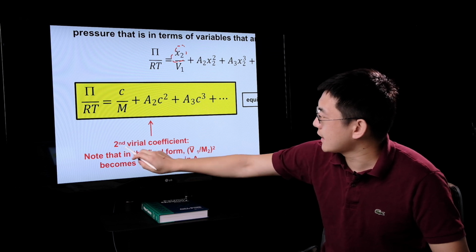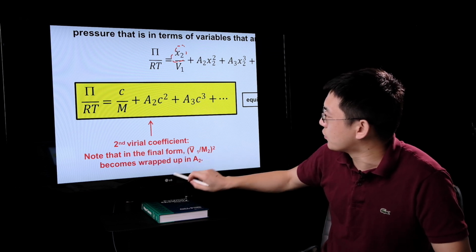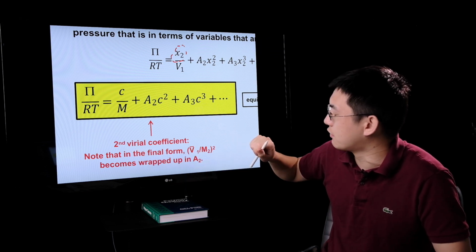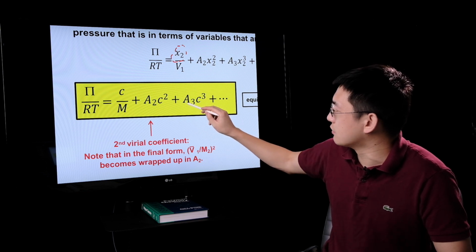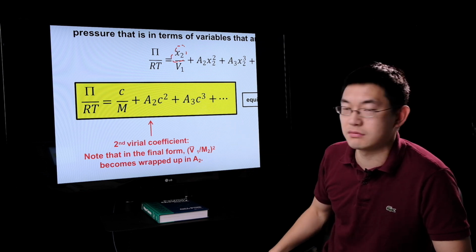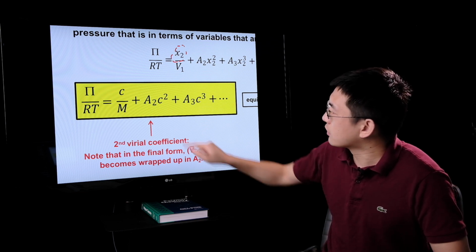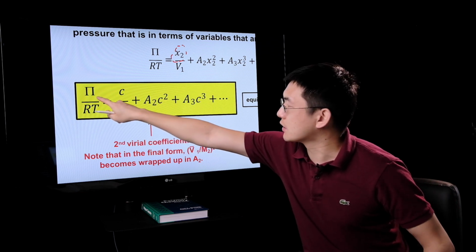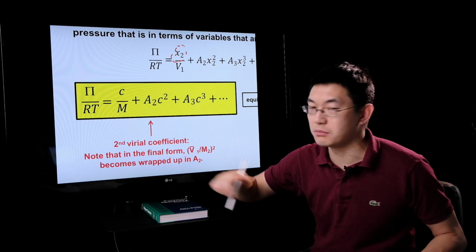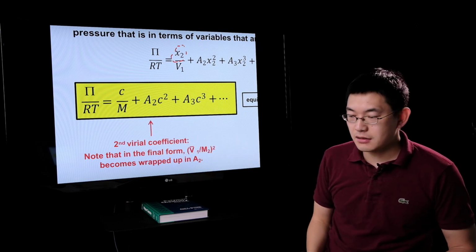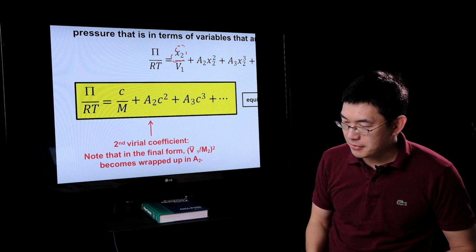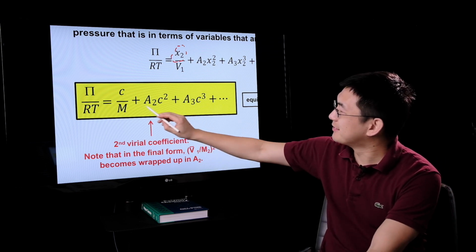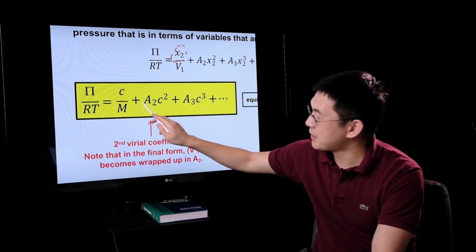And that's why the second virial coefficient is way more important than the third virial coefficient. And typically people don't talk about this A3 term anymore. What is important is what the A2 term is and how osmotic pressure depends on concentration and molecular weight. So in this case, we're going to talk about how they would be dependent on these two terms.